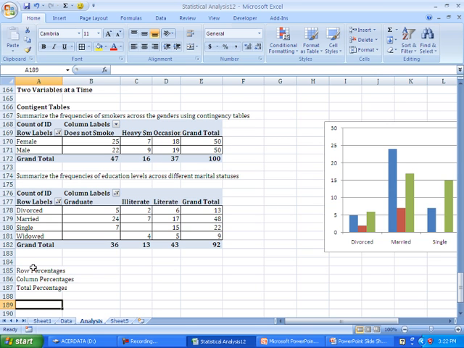Now, what do we mean by the row percentage or even the column percentage? The same logic, right?